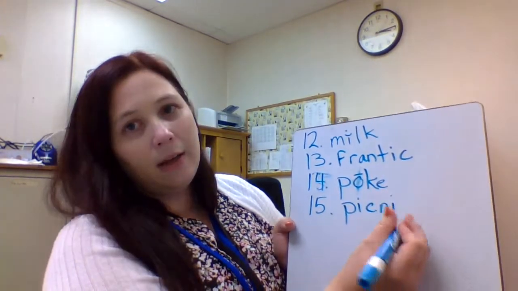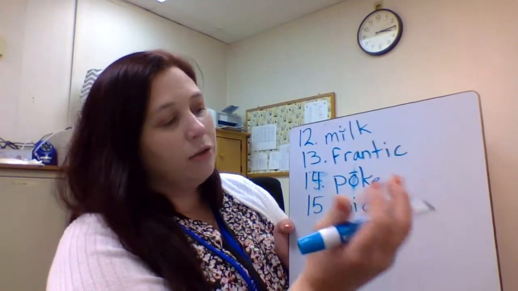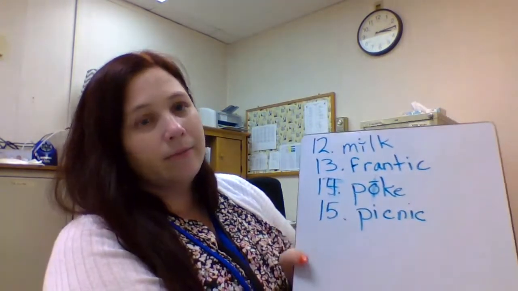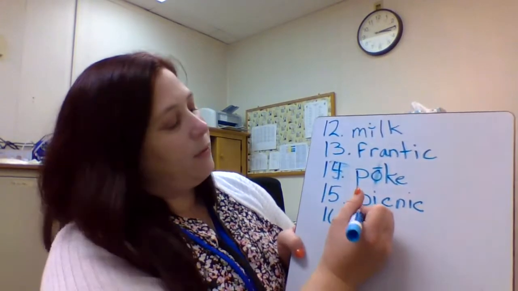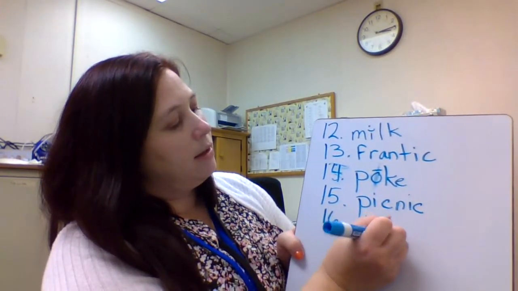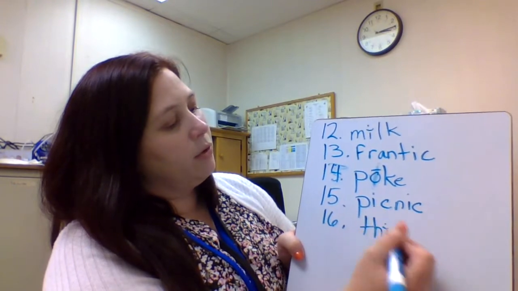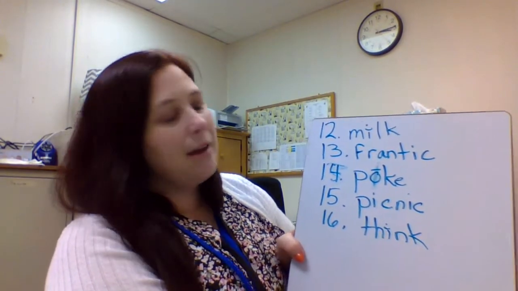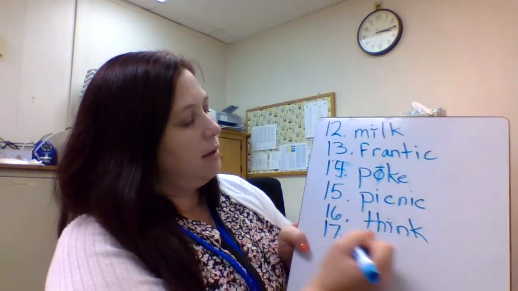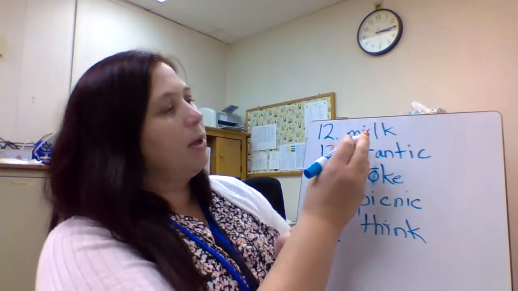Picnic. What do you think? Two syllables? It's a C. Number 16, think. This is going to be another one of those digraphs. So it's a K. Just a K, because we have NK. Just like up here we had LK.